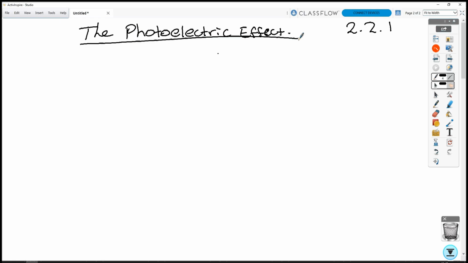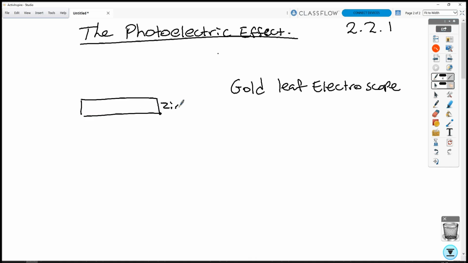So we start with an equipment called the gold leaf electroscope. And the gold leaf electroscope has a zinc plate at the top. And then it has a metal bar that runs down.